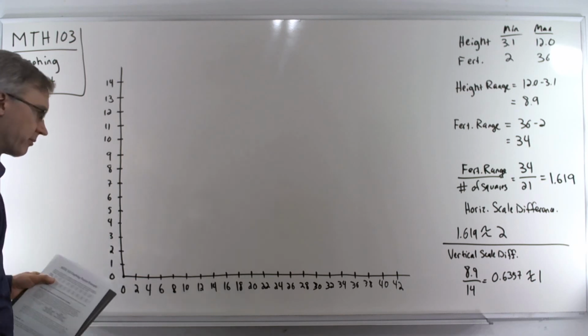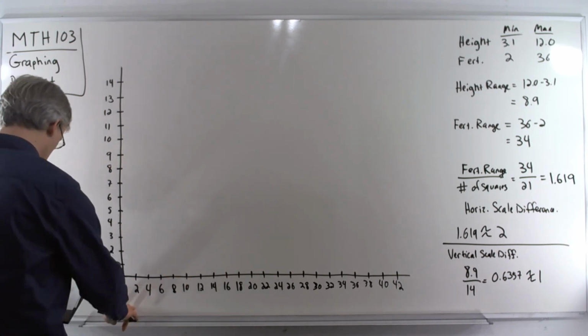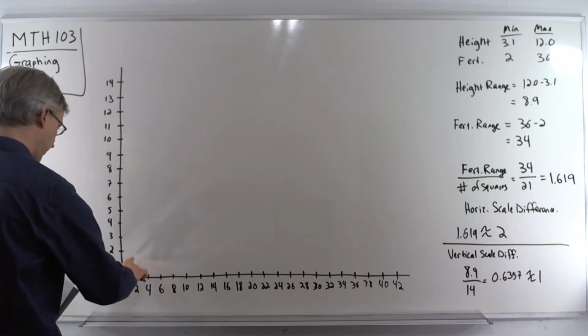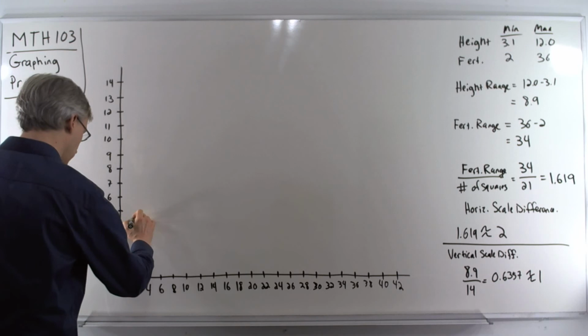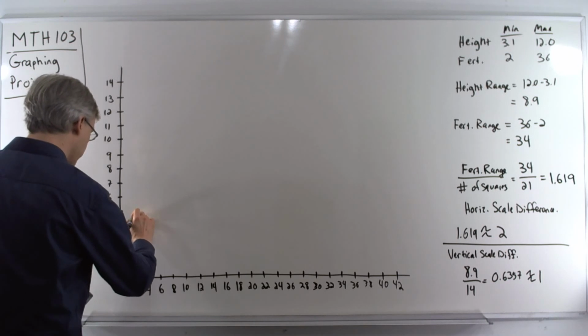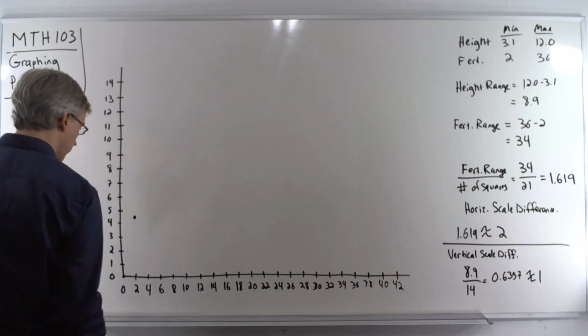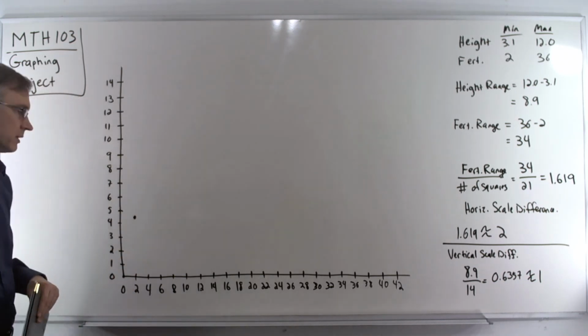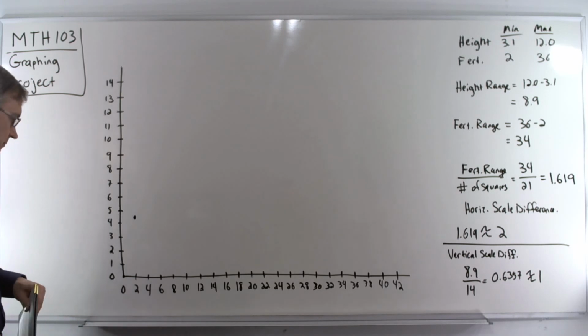So the independent variable here is fertilizer. So we're going to fertilizer of 2, height 4.5. I get it right above the 2. And put a nice large dark dot there. Make sure you can see those dots.